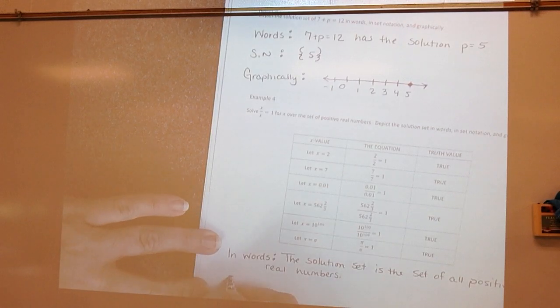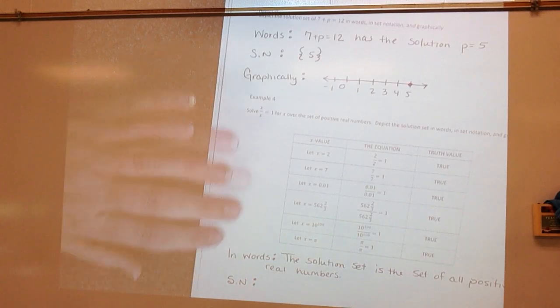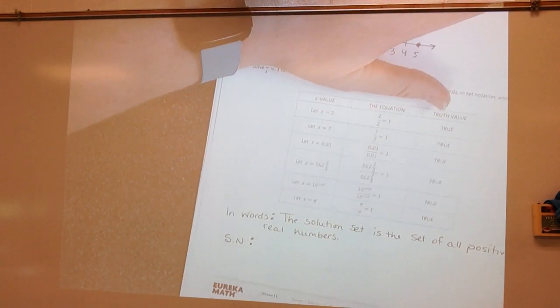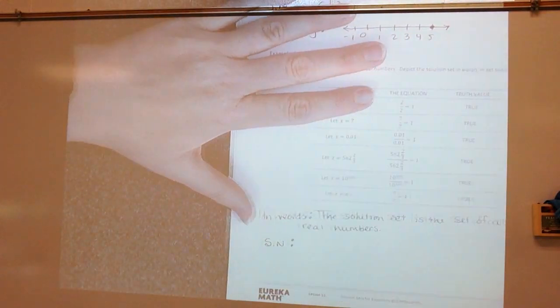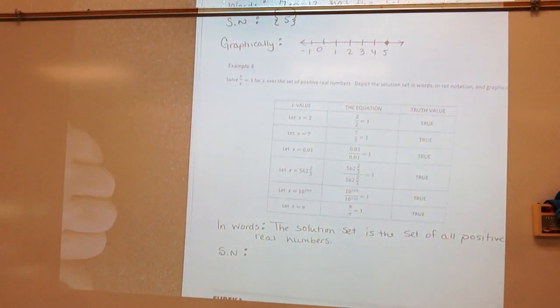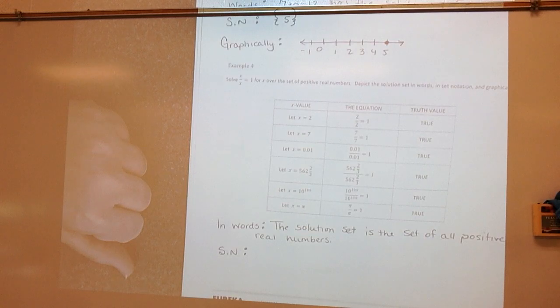All right, now, I want you to pay attention to this here. My set notation is going to be written just a little bit differently. Because guys, I can't list every single positive real number. I can't start at 1 and list 1.1, 1.000000000000001. I cannot physically list every single positive real number.